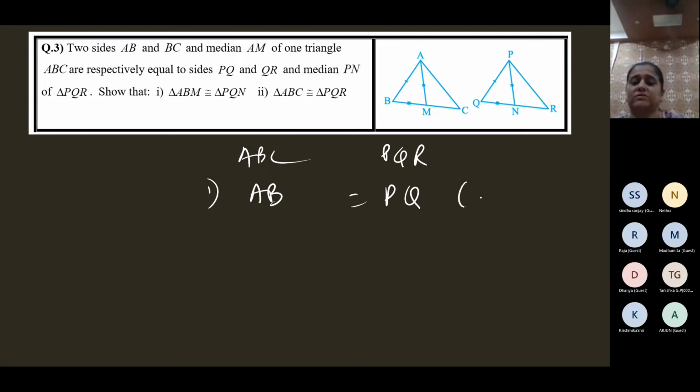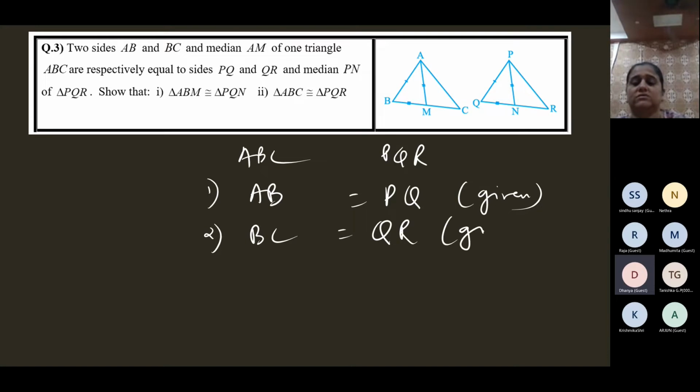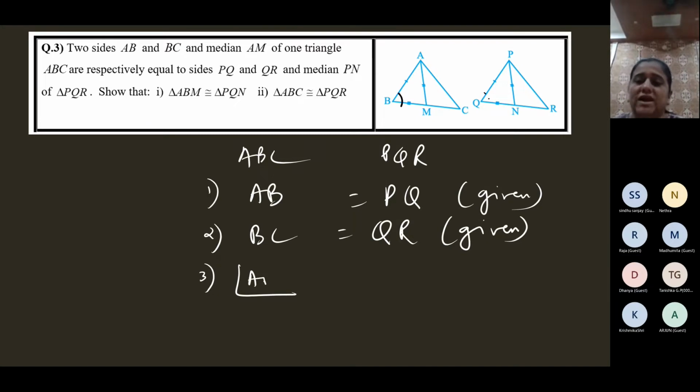And BC is equal to QR, it is also given because AM is the median, ma'am. And the third one is angle ABM is equal to angle PQN, that is angle B is equal to angle Q, because we have already proved, ma'am. Correct. So this angle is equal to this angle.